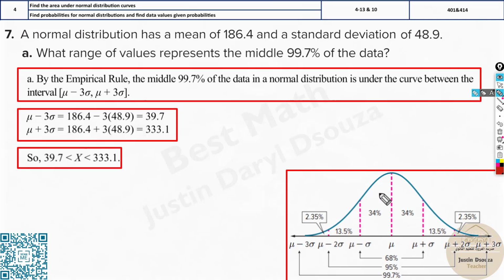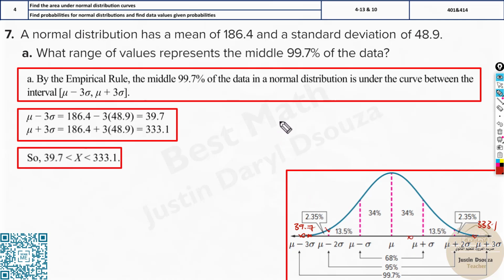So in this particular graph, for these particular values, this point, where is it? Somewhere over here. It's not entirely 100%, but here it's 39.7 for this particular value, and over here it is 333.1. That's it. And the x value, any point over here we consider to be x, because then we will solve the x value later on.